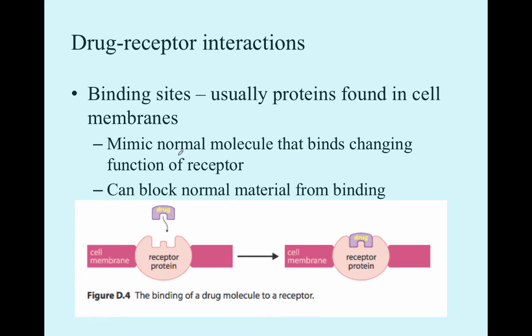These medicines are synthesized to mimic normal molecules that bind to that receptor. And they can either make this receptor active or block other molecules from bonding to that receptor protein.